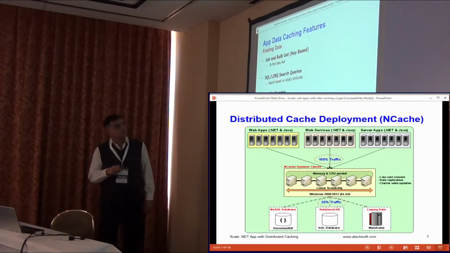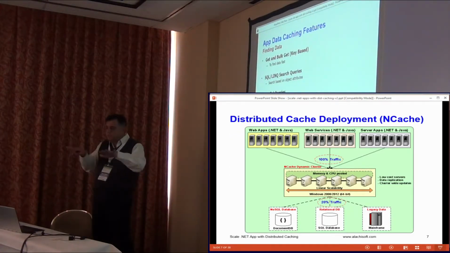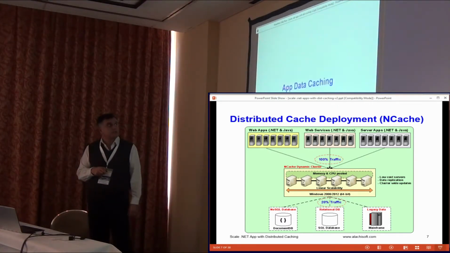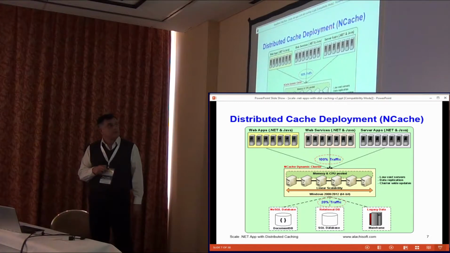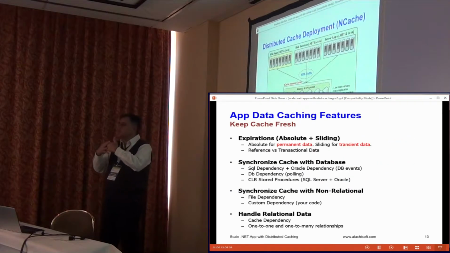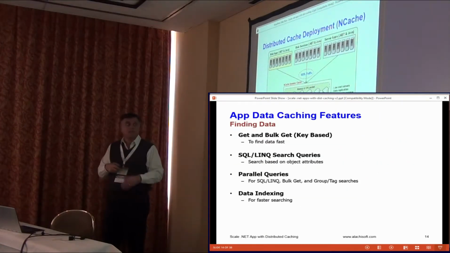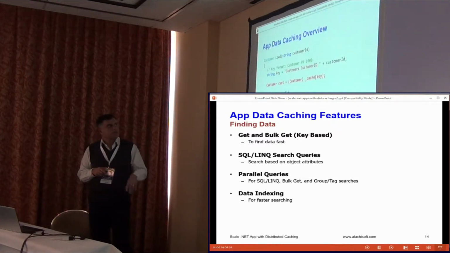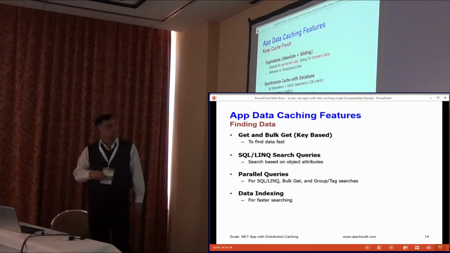So you got all the keys. Now you can go and make 1,000 calls to the cache and get each of them individually. Or you could do a bulk get, that would really help, because then in one trip you can get back 1,000 items. That's what you would do with a database usually, is not go 1,000 times. So having that ability makes your application much faster than doing this.